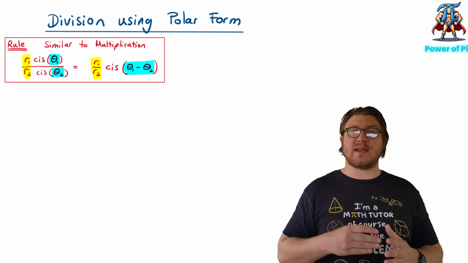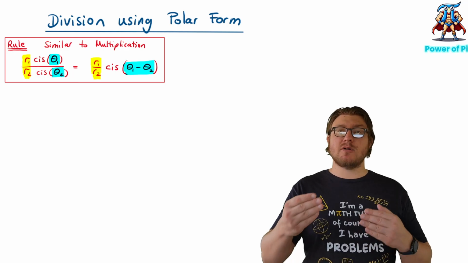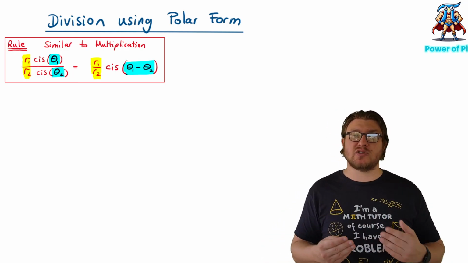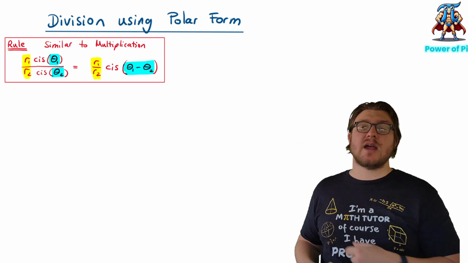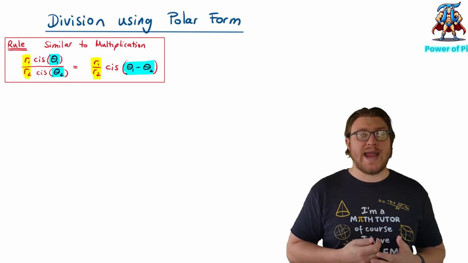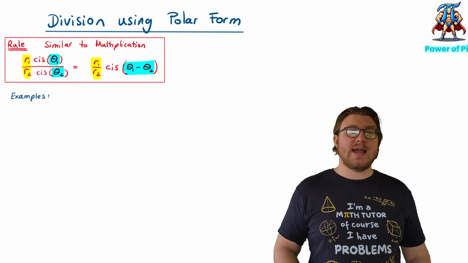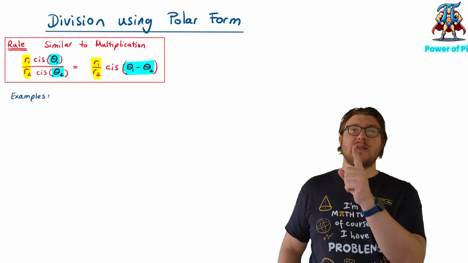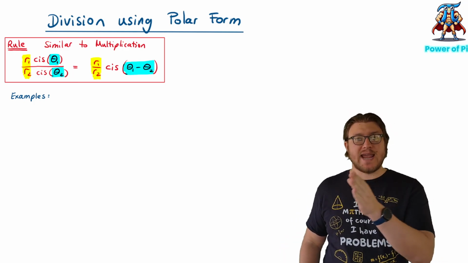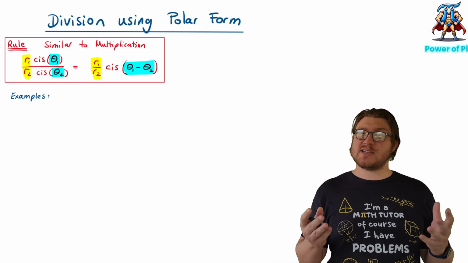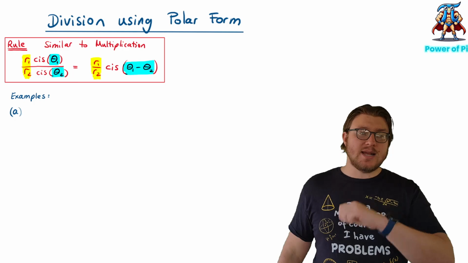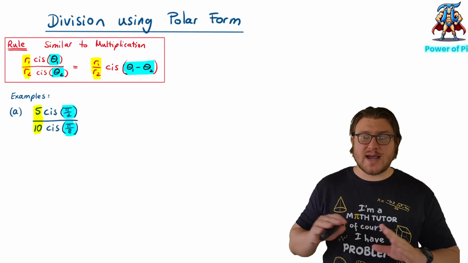We added the angles. Division and multiplication are inverses to each other, so we should do the opposite. That makes sense then that we subtract our angles here. As long as you remember, multiply the moduli and add the angles, you can remember the formula for division because it's just the opposites. Let's apply this rule very quick, nice and easy.